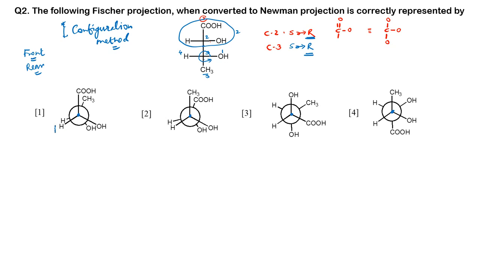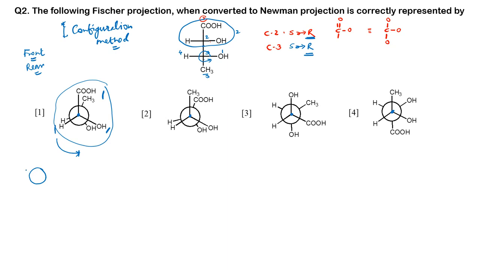Here we find the set of connectivities already eclipsed. So what we'll do is just rotate the whole molecule in this direction so that it will look like this. We'll not change anything.